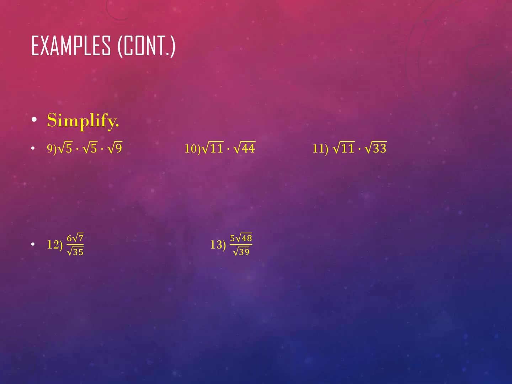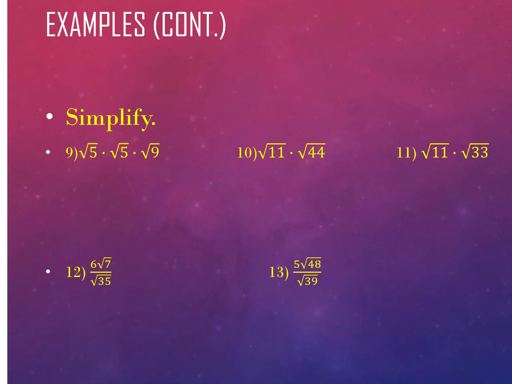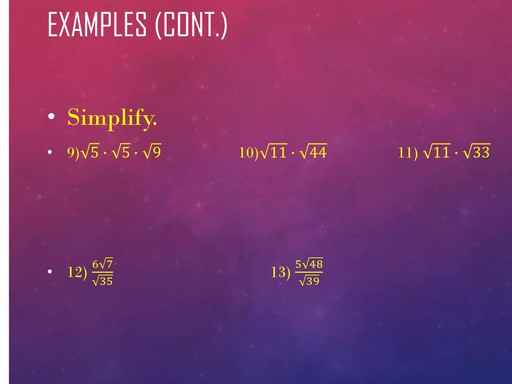All right. On that note, take a look at what happens here in number 9. Right? If I have the square root of 5 and the square root of 5, if I multiply those together, I get the square root of 25. And I could choose to multiply 9 with it and say that this is the square root of 25 times 9. So square root of 225, right? But that seems like a big number. This is a perfect square.